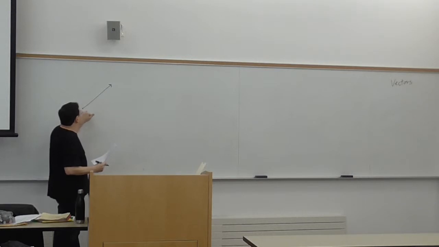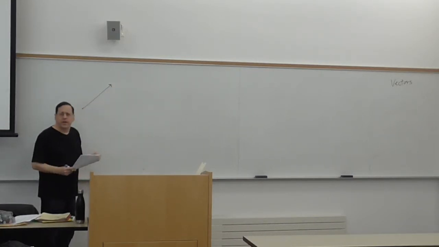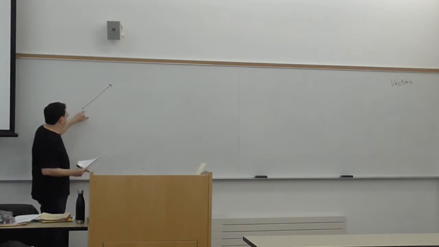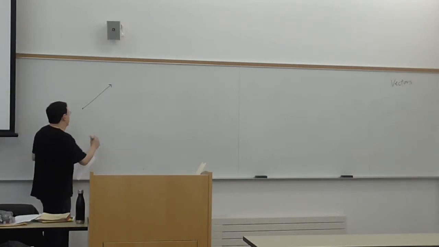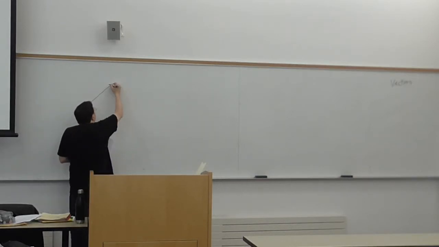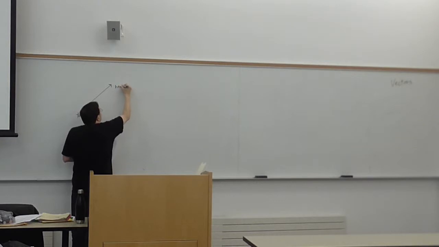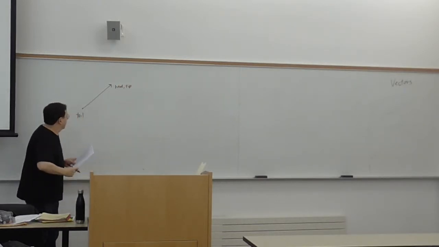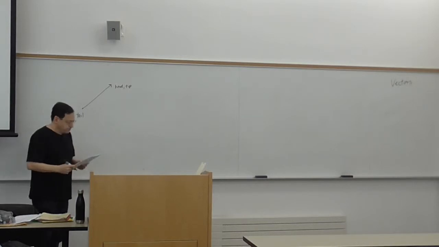It has a starting point and an ending point, an ending coordinate. And we give the starting point a name. We can call this the tail of the vector, and where the arrowhead is, we'll call that the head, or sometimes the tip of the vector.